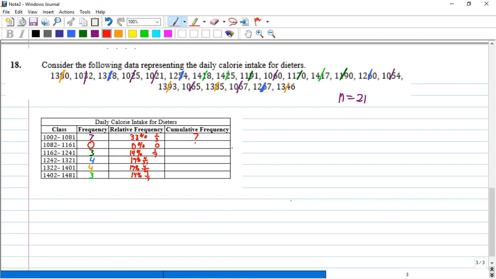This is 7. This is 0. Well, this is 7, and then for the next one you add the previous one, so it would be 7. And then what happens when I add the 3? I'd get 10. And then add the 4, 14. Add the 4, 18. Add the 3, 21.